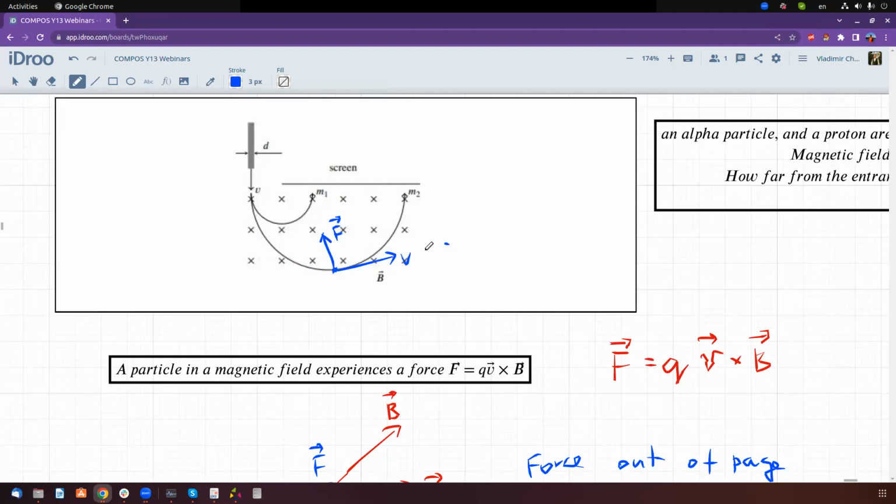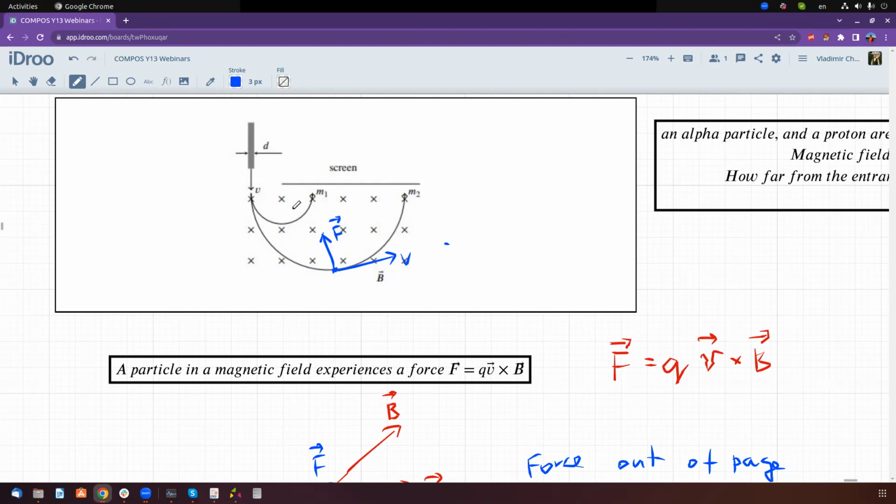Force is like this. This is quite easy to show, and this will be one of the questions in the assignment. You will need to say that the force is perpendicular.